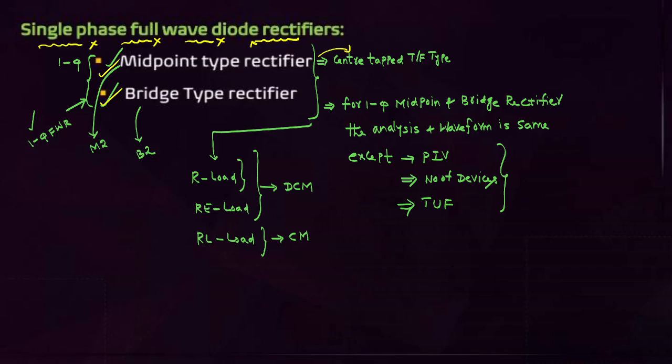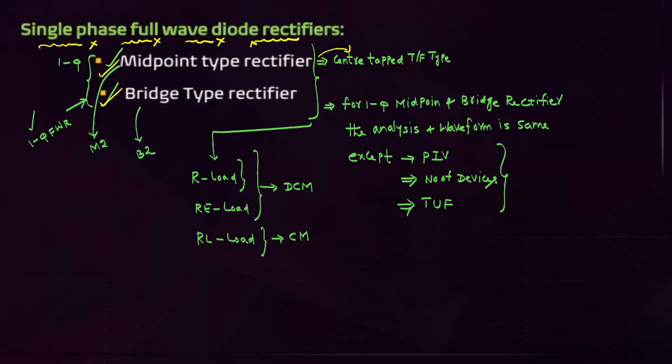For both, all the formulas and waveforms are the same except transformer utilization factor, peak inverse voltage, and number of devices. These three are different. Number of diodes is different, transformer utilization factor is different, peak inverse voltage is different. Most of the remaining formulas are the same.